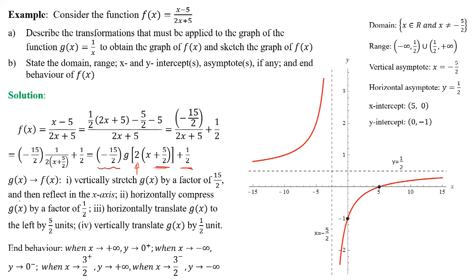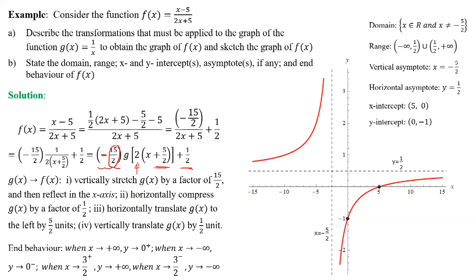So from g(x) to f(x), we need to do the following transformations. First, we need to vertically stretch g(x) by a factor of 15/2, which is this factor here, right? Because you have a minus sign here, we need to reflect g(x) in the x-axis, right?